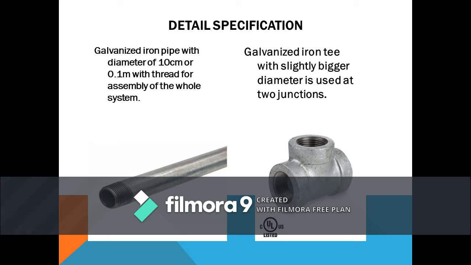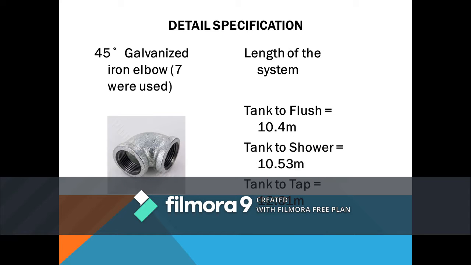Then we use galvanized iron tees with slightly bigger diameter at the two junctions, and 45 degree galvanized iron elbows. We use seven of them. The lengths of the system are: tank to flush 10.4 meter, tank to shower 10.53 meter, and tank to tap 12.61 meter.